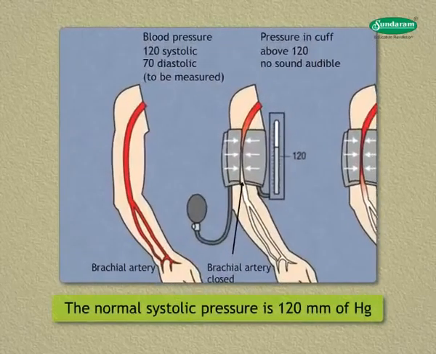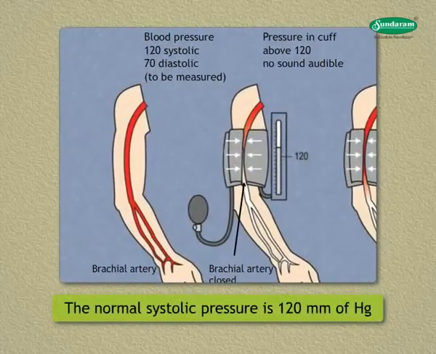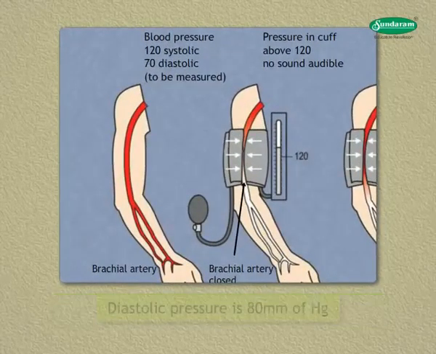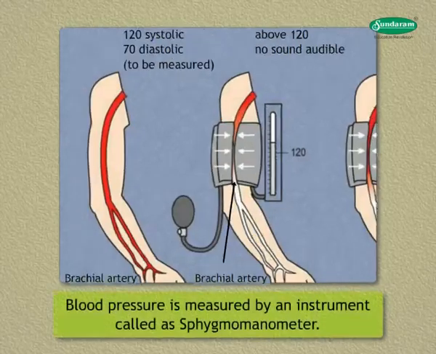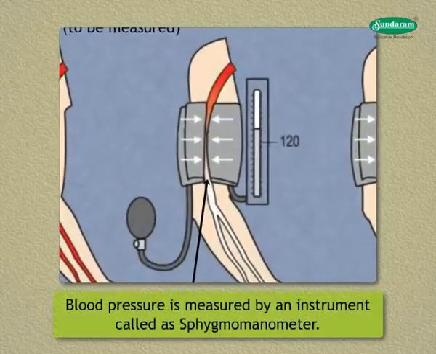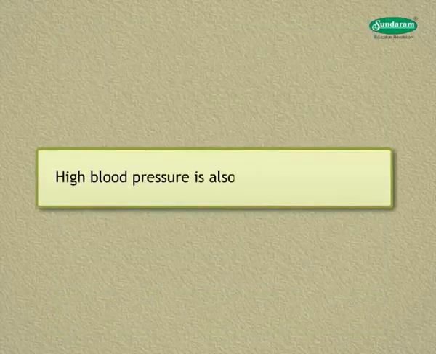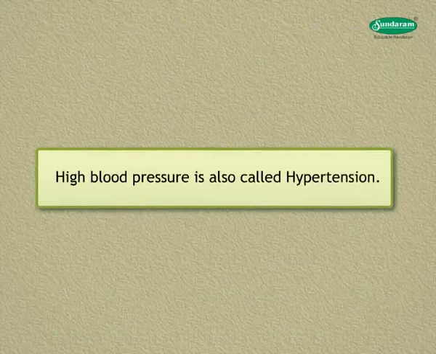The normal systolic pressure is 120 mm of Hg and diastolic pressure is 80 mm of Hg. Blood pressure is measured by an instrument called a sphygmomanometer. High blood pressure is also called hypertension.